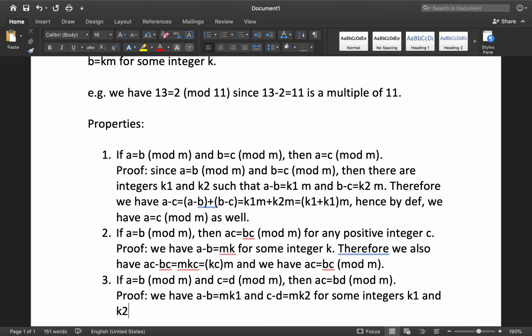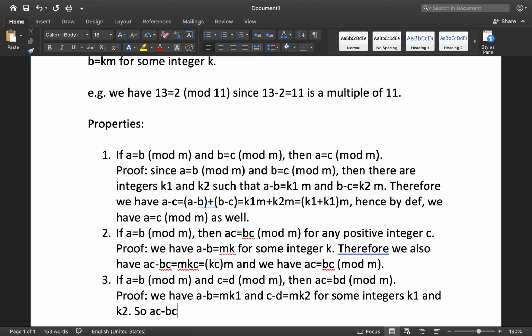Now what can we do? Remember what we want to show. We want to show AC congruent to BD. That means you want to show the difference AC minus BD has to be a multiple of M. So this is what you want to prove, and that's why you try to take the difference.